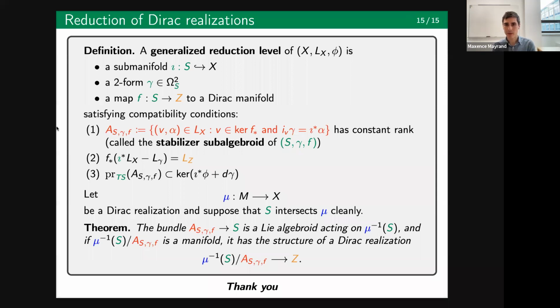No, so a TQFT, as you said, is a functor from the category of cobordisms to the category of vector spaces. That's the original definition, but we can define TQFTs to be any symmetric monoidal functor from cobordisms to any other symmetric monoidal category.